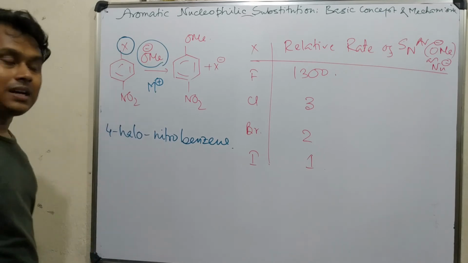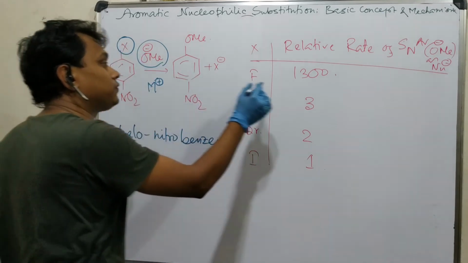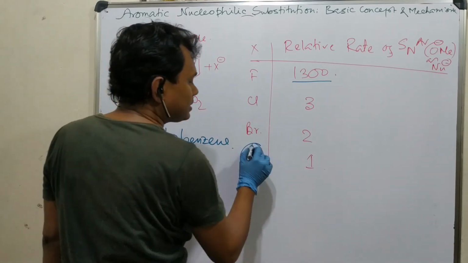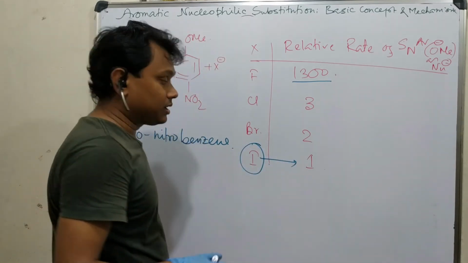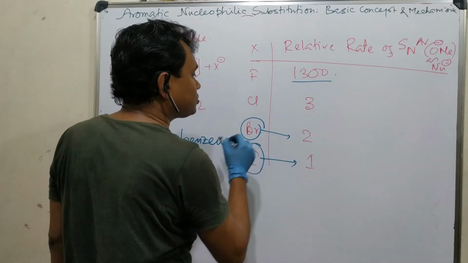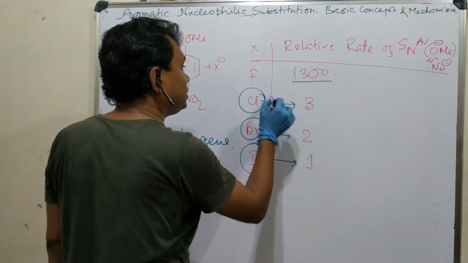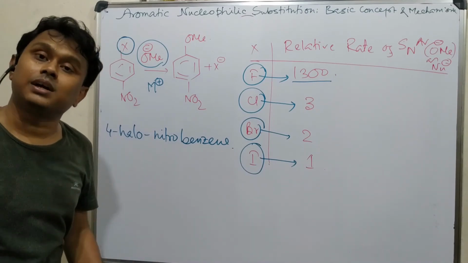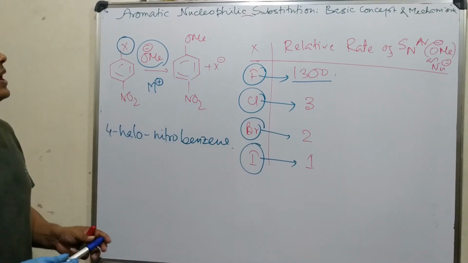So what did it result? When X equals fluoride, the reaction rate is 30. When X equals iodide, the reaction rate is 1. Okay? When bromide, the reaction rate is 2. When chloride, 3. When fluoride, 1300. Tremendously high. Okay? Question is why?